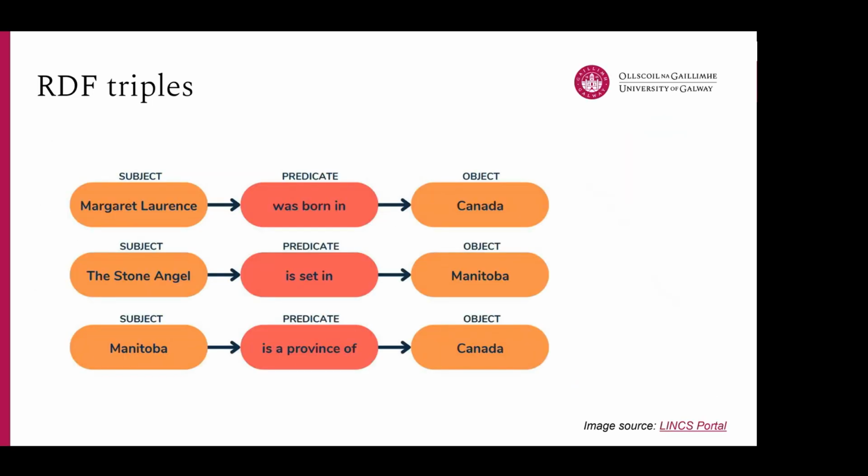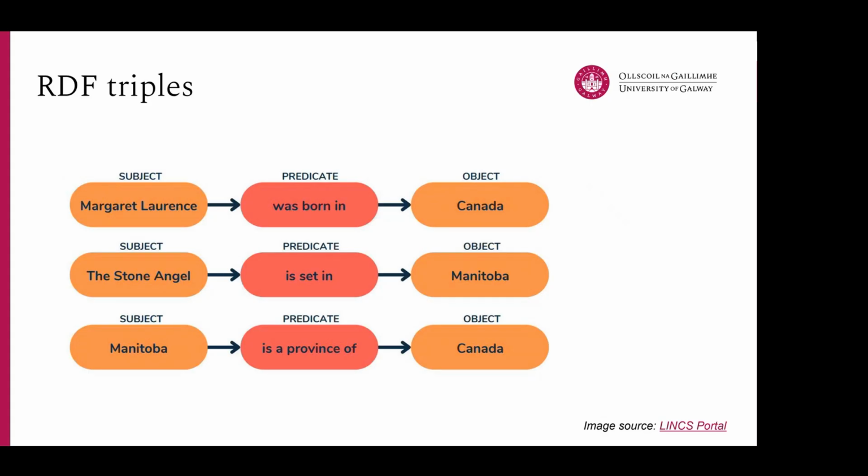Okay, so here is an example of what RDF triples are. This is an example about a writer called Margaret Laurence. So we can say that Margaret Laurence was born in Canada, and Margaret Laurence is an entity, and she is a subject in this particular statement.